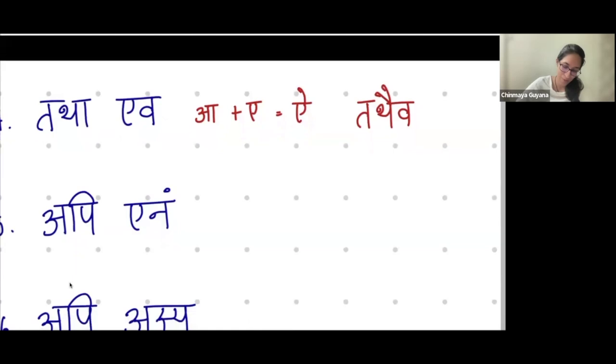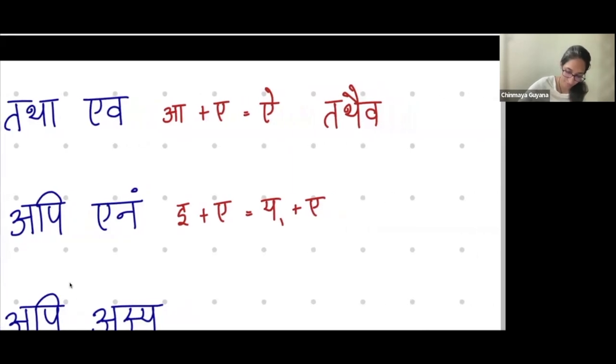Okay. Tapi enam. E plus A equals Yahalant plus A. So you're going to get a P half P yenam.